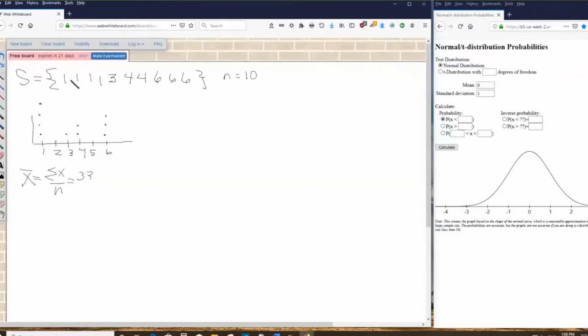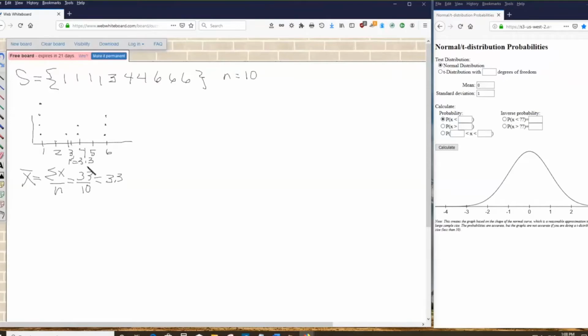So all I'm doing is adding all of these digits together and dividing by 10, because I have 10 numbers. That gives me 3.3. So that tells me that my mu, or mean, right here is about 3.3.